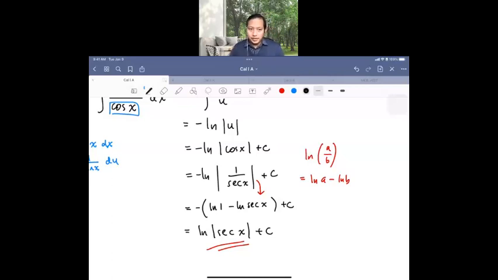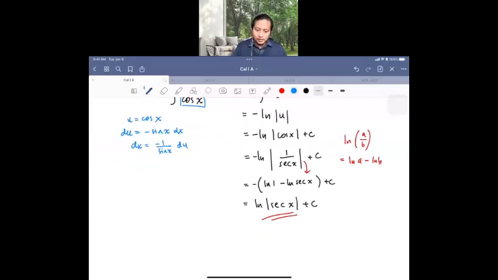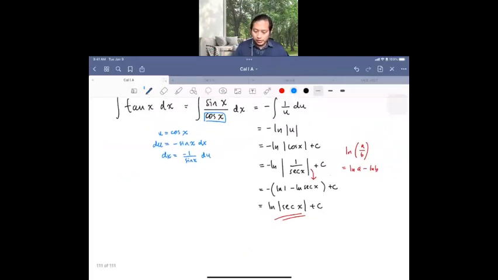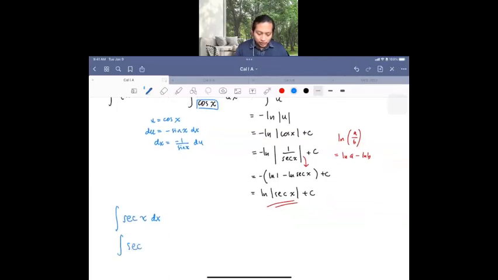Okay, regarding the secant, the other important formulas for this trigonometric are the integral of secant x dx, and then secant squared x dx.